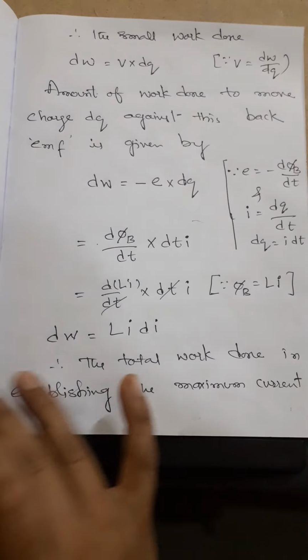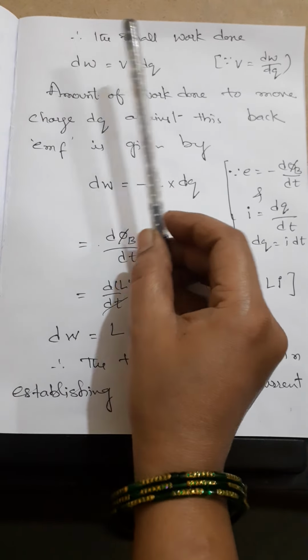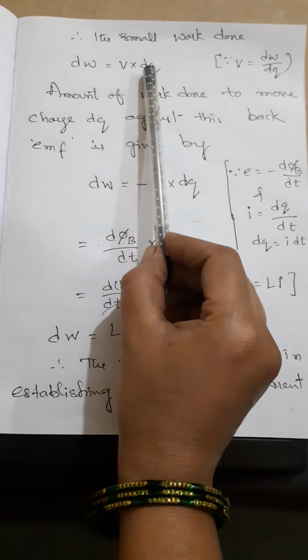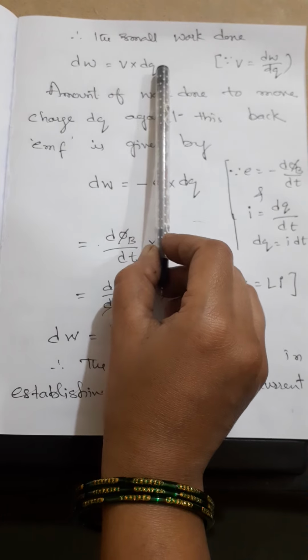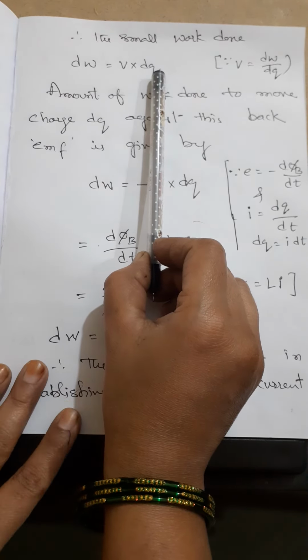For that purpose, first of all we have to calculate the small work done. That small work done can be written as dW = V dq, with potential V and small charge dq.